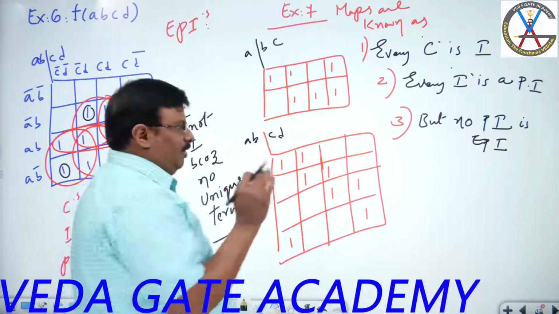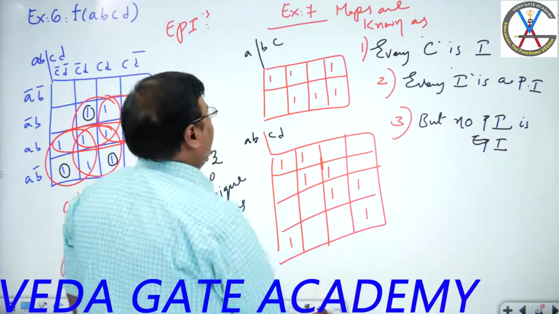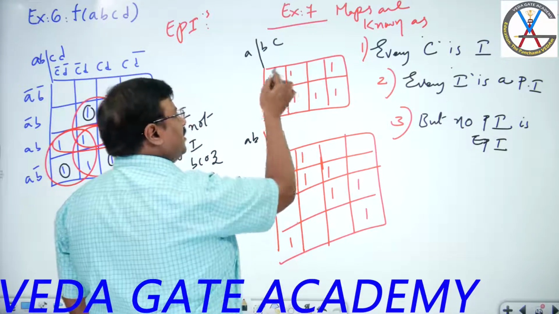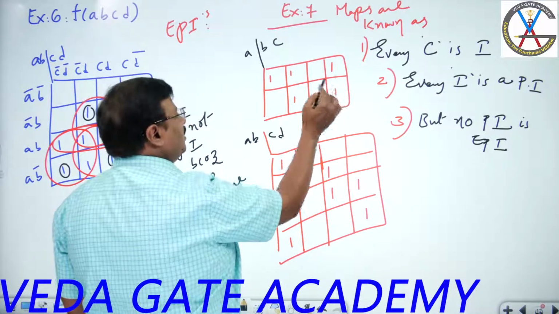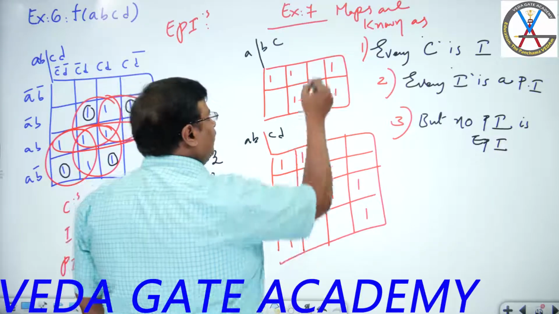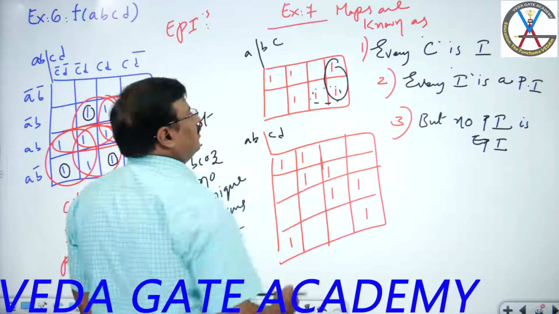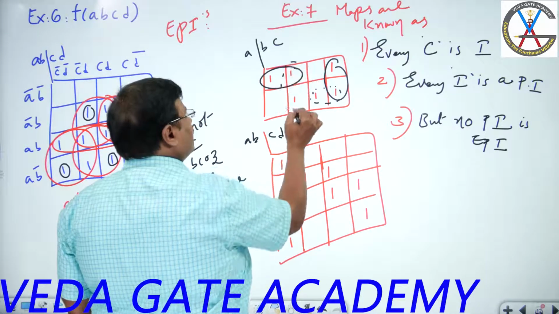Not even a single pair is unique in these two maps. For this I can take like this or like this.